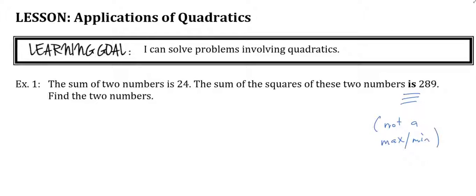Everything we've done is solving by factoring or solving with the quadratic formula. It's all solving. So in this case, I'm going to get an equation to solve. In the other case, I had a function, y equals, or a equals, or s equals, or p equals, whatever you chose. Okay, so that's how they're different. But a bunch of it's the same as well. So we are going to start with let statements.